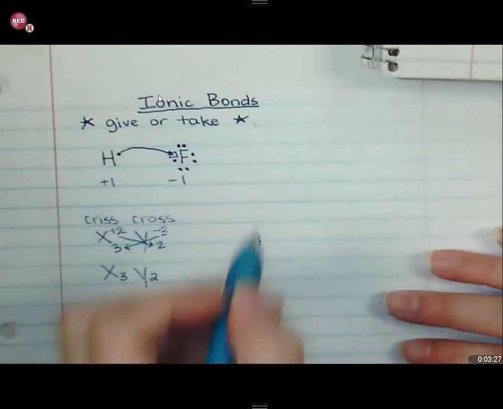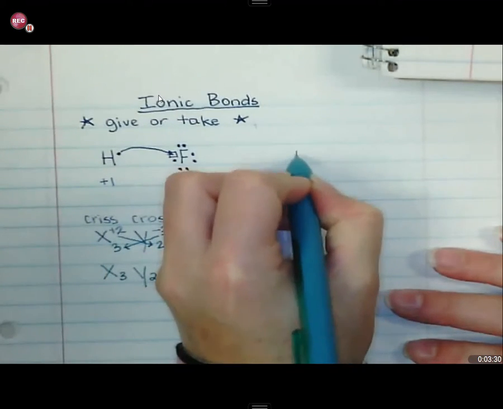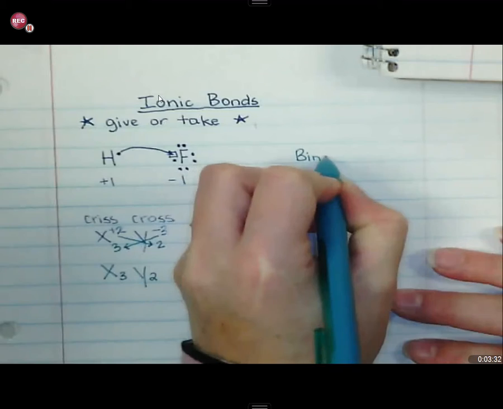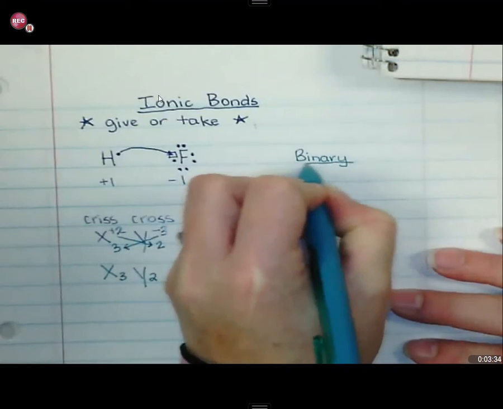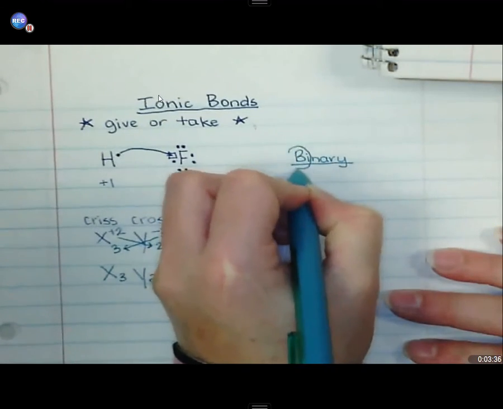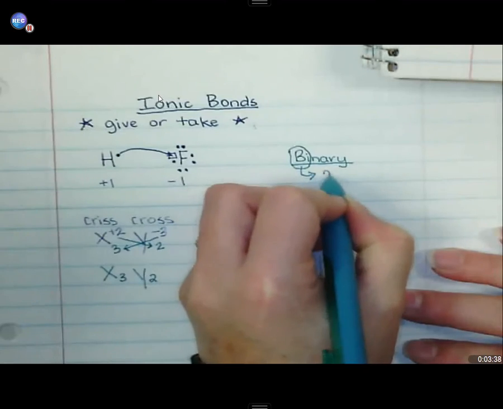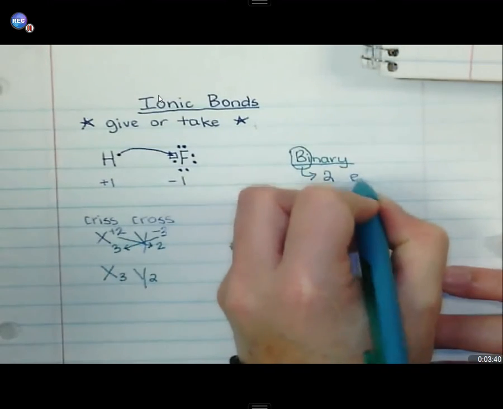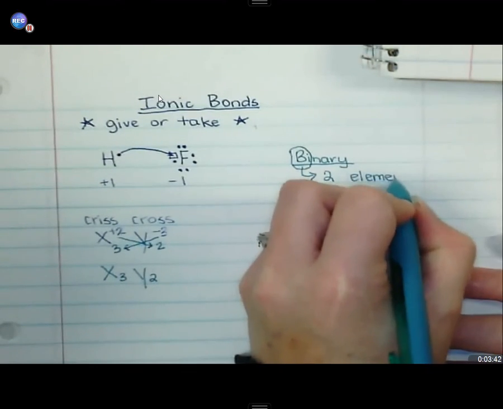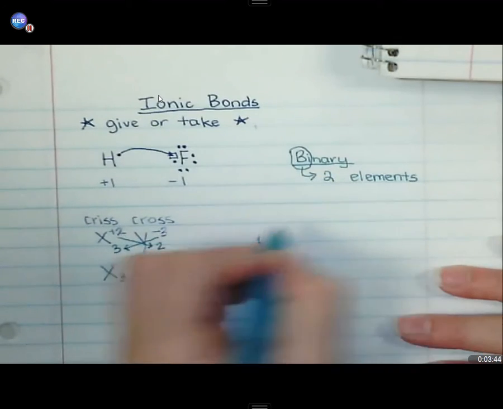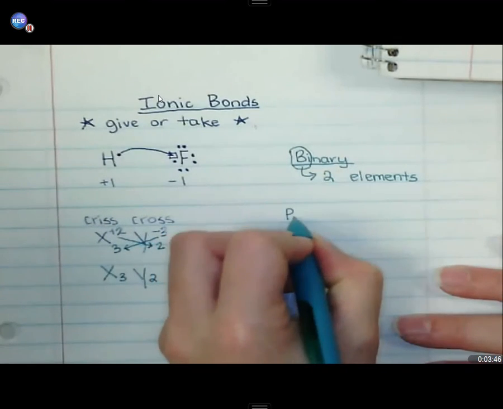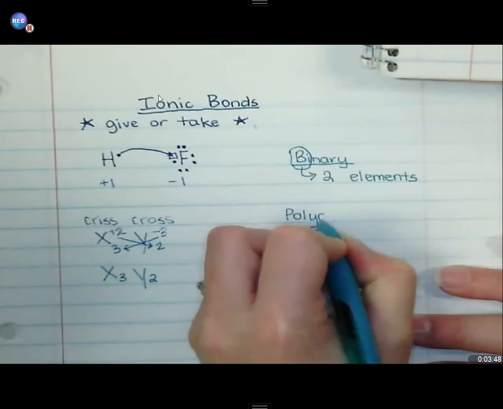One other thing that you need to know is that with ionic bonds, you have something called binary. The prefix bi means 2. So this is when you're dealing with 2 elements. And then you're going to have polyatomic ions.